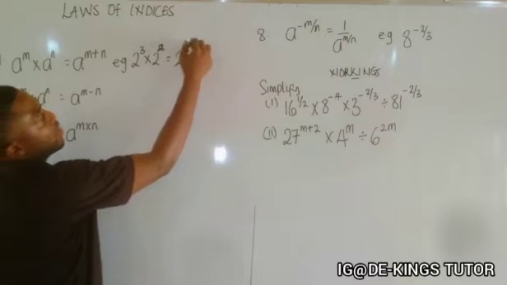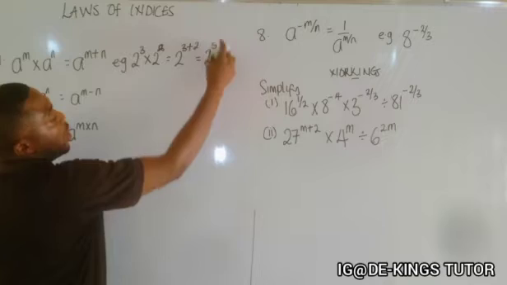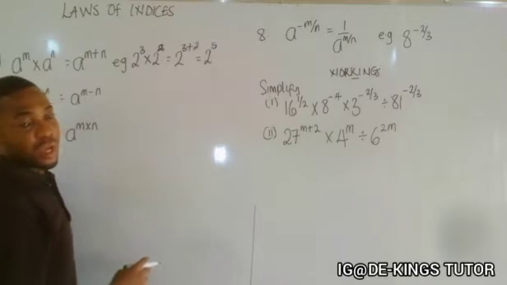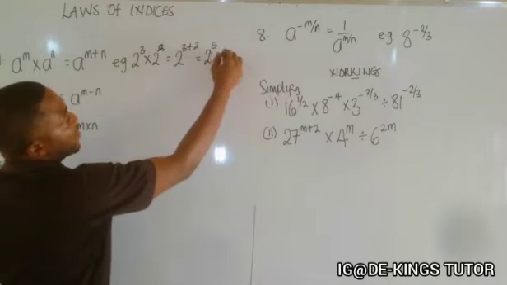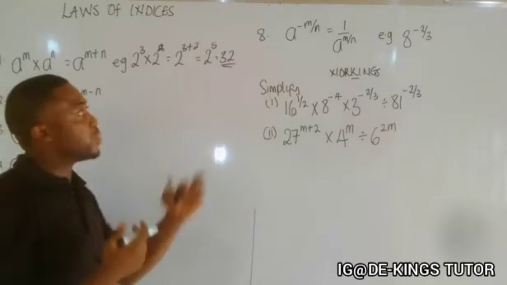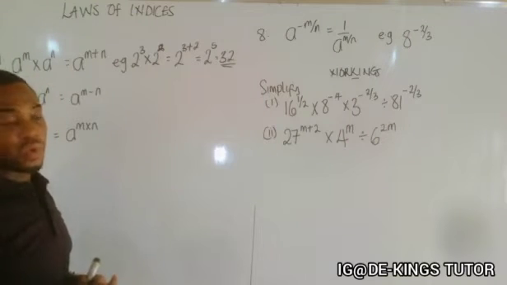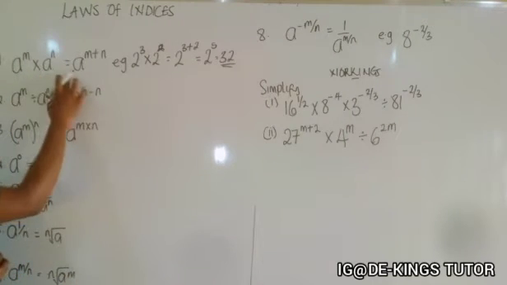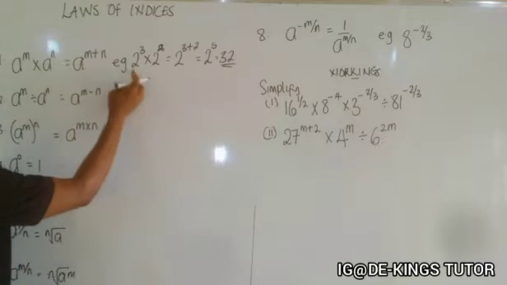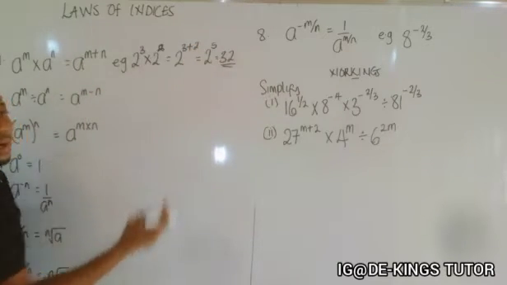It will be 3 plus 2, which is 2 raised to the power 5, and that gives us 32. That is the first law: if you have the same base and it is multiplication, take one of it and add your powers.